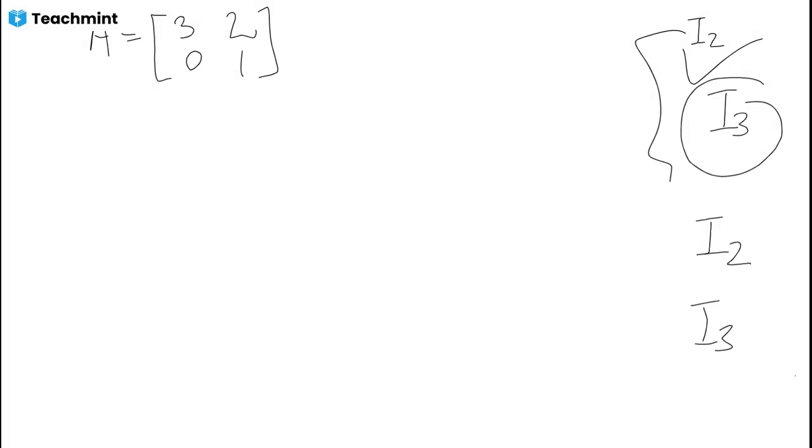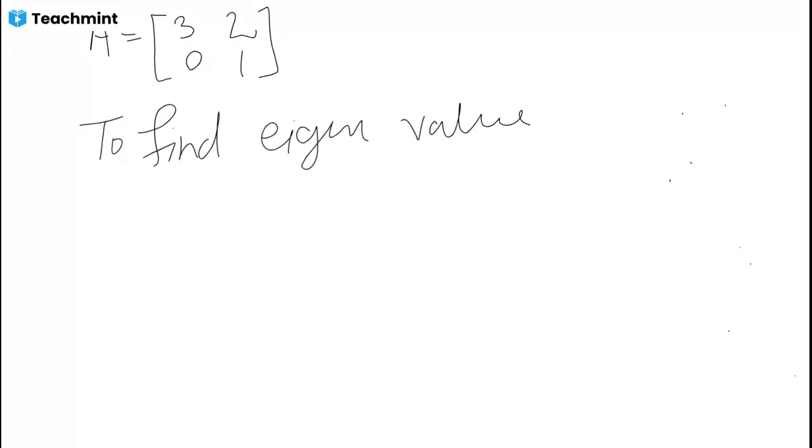So now let us understand this. To find eigenvalues, step one, first of all, we need to find the characteristic polynomial first. And how can we find it?